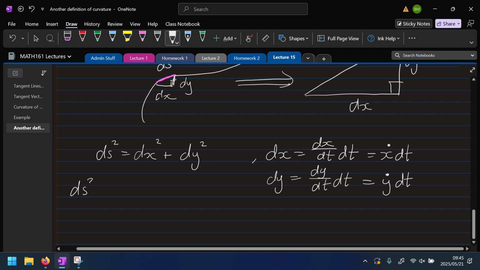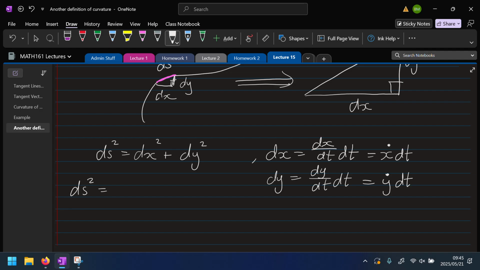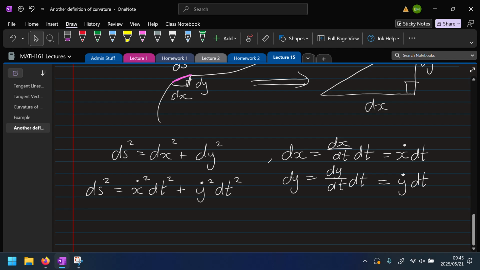So we're going to have ds squared is dx squared, so x dot squared dt squared, and then dy squared, that is going to be y dot squared dt squared. Okay, so I've just substituted the differentials.